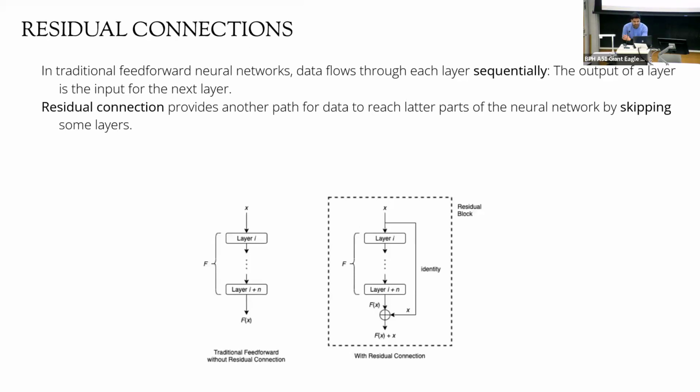Empirically, what people found was that if you add a residual connection, if you add the input being fed into any of the layers to the output a few layers down the line, you can actually solve this problem. So people did this empirically: should you add the residual connection by skipping 2 layers, 3 layers, 4 layers, 5 layers? And they found that 2 layers gives the best result. And so this is how the residual connection came into the picture.